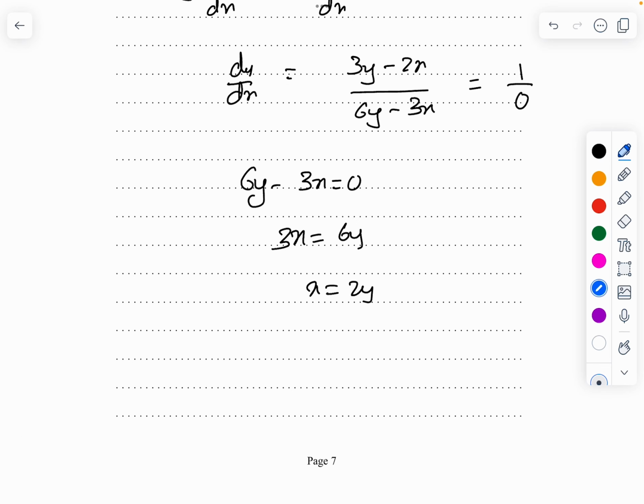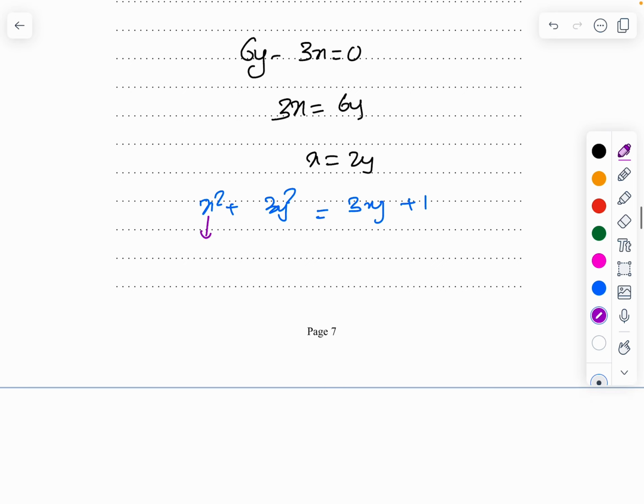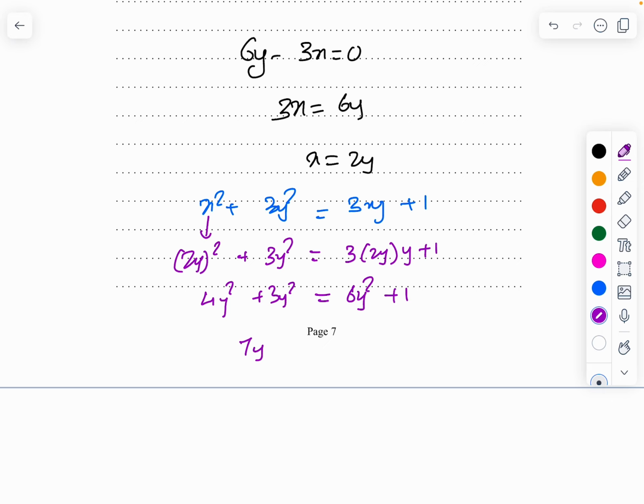What was our original equation? x square plus 3y square equals 3xy plus 1. Plug in x as 2y over there. So 2y whole square plus 3y square equals 3 times 2y times y plus 1. 4y square plus 3y square equals 6y square plus 1. 7y square equals 6y square plus 1.